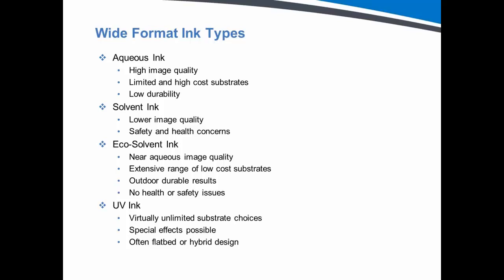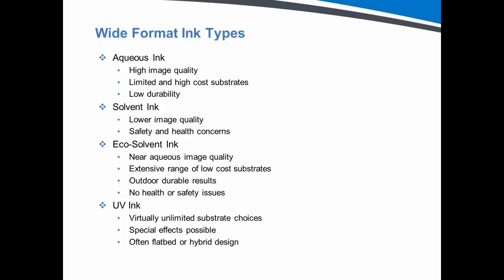So realistically, you don't have to have a media that's receptive, like a solvent receptive media. You can print pretty much on anything. There's some great special effects that you can use using gloss ink sets to recreate some embossing. And it's often a flatbed or a hybrid design where you can print directly to the substrate as opposed to printing onto a media with perhaps an adhesive back and then transferring or mounting it to the substrate.